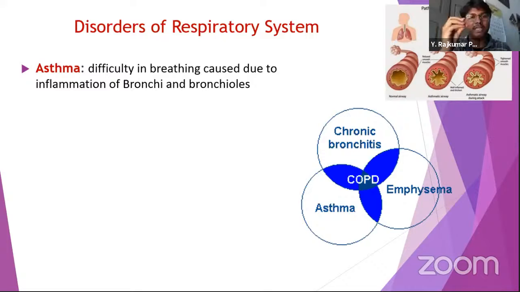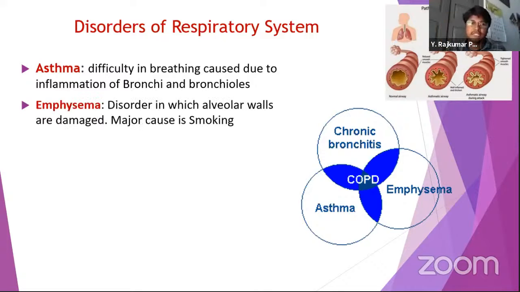Next is emphysema. Emphysema is a disorder in which the alveolar walls are completely damaged. A major cause of emphysema is smoking. Okay, alveoli, where these alveolar sacs are located, are the functional and structural units of the lungs. So alveoli is the place where the exchange of gases takes place.